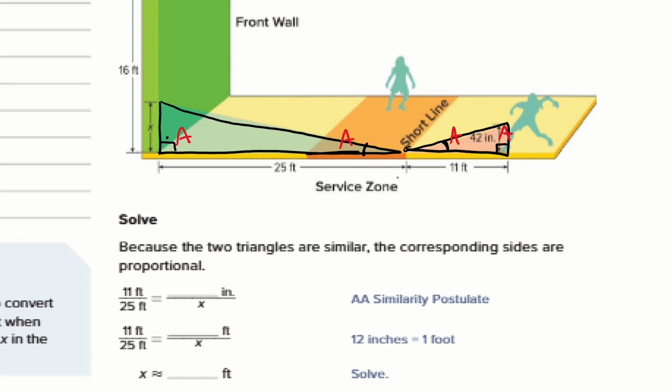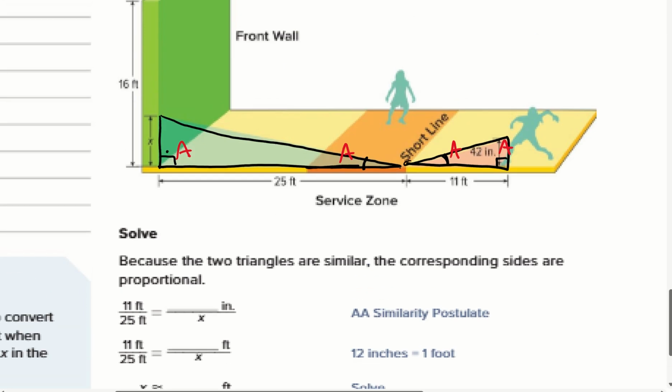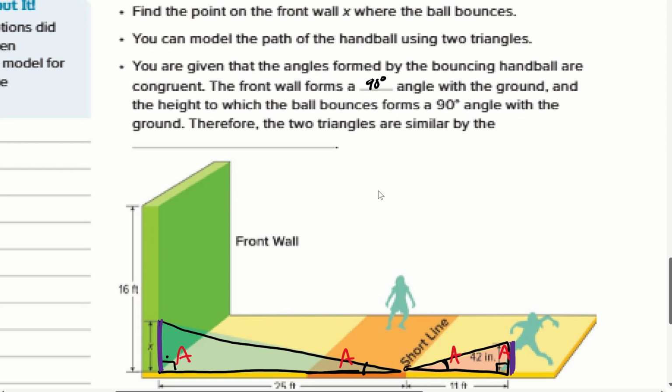So we have two similar triangles, and so we can set up the proportion, right? So X matches up with 42, so X is to 42, or in other words, 42 is to X. But before we do that, let's answer the question. It says, therefore, the two triangles are similar by the AA similarity postulate.